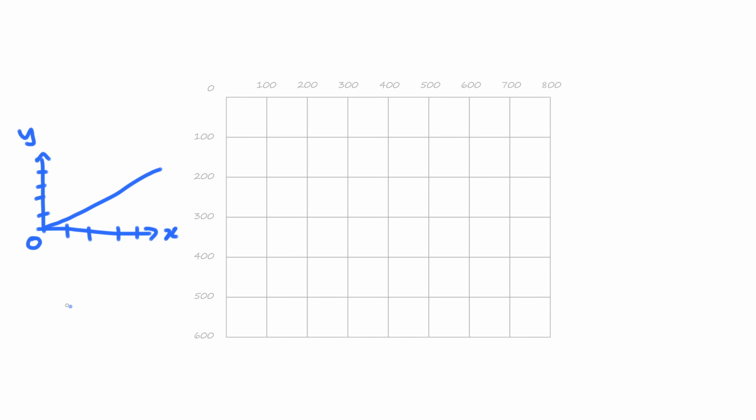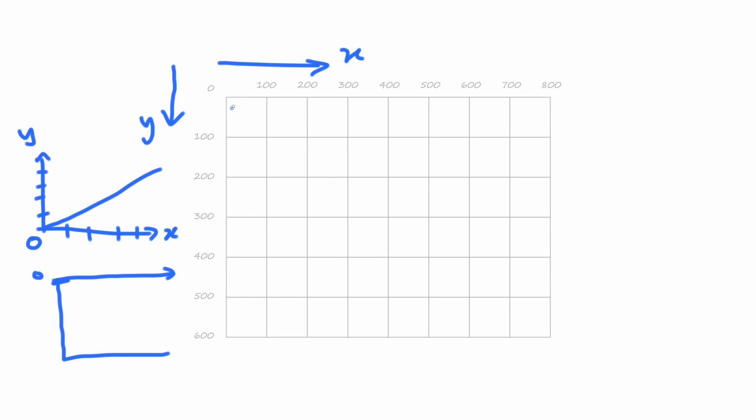Well, this time, because of the way this programming language works, we're starting 0 here. So x still goes along, and you can see here 0, 100, 200 up to 800 that way, and y goes down that way. So x, y. And then as x and y increase, we get a straight line going like that.